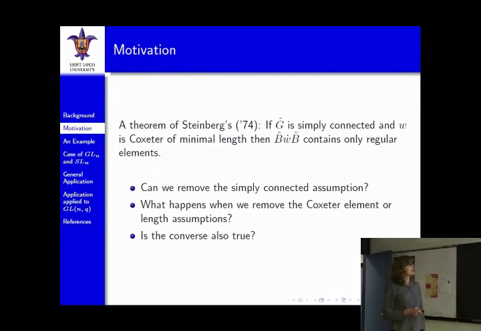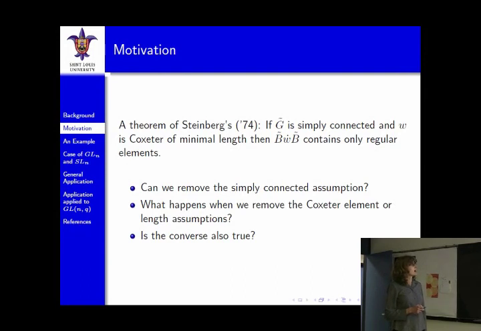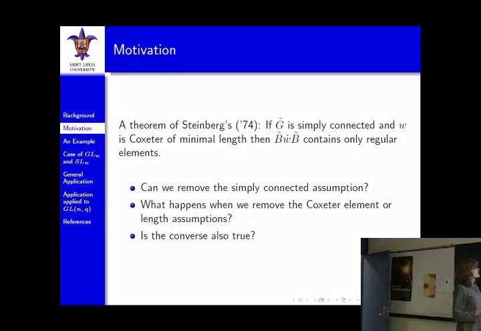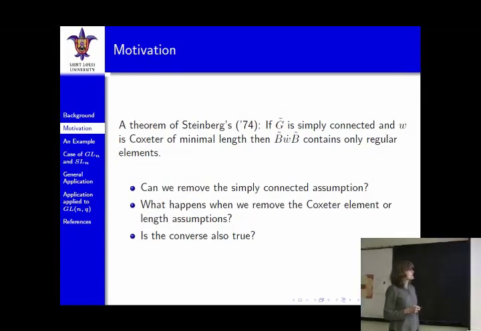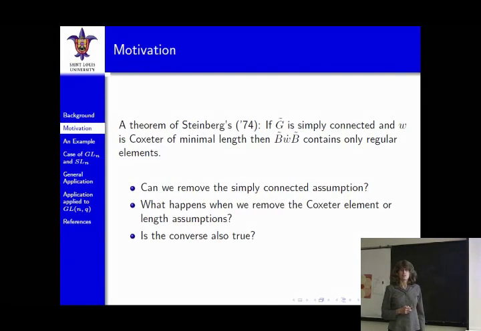Now, for the application we're going to see later, I really wanted these cells to contain only regular elements. I thought, can I remove any of these assumptions? And I also want the converse to be true. So these are the questions that I saw with this theorem, and these are the questions I wanted to answer. Can we remove the simply connected assumption? I don't want to just use this theorem when the group's not simply connected.